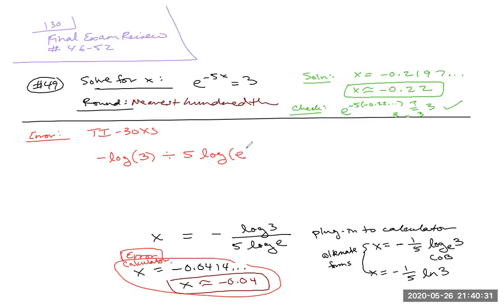It'll automatically do the caret for you, and then you'll put a 1 here, and then you'll move an arrow button out and then close it out. What happens there is I get x to be about negative 0.04.